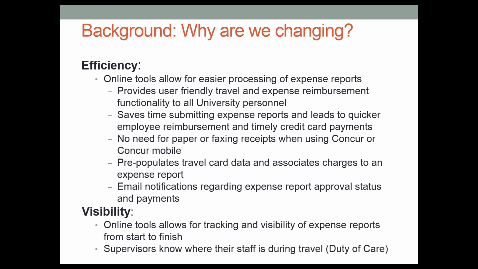All of these are available to any user, and as you travel, you can take pictures of your receipts on the go, not having to worry about getting home with a giant pile of paper and trying to figure out what goes with what. All of that can be done on the fly or when you get home, but no need for the paper receipts anymore.